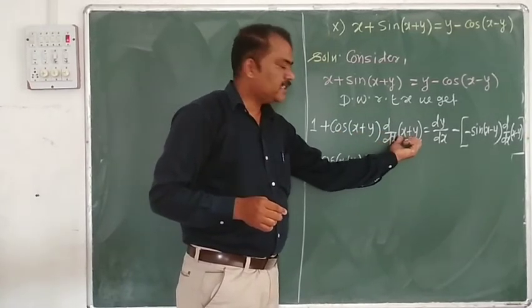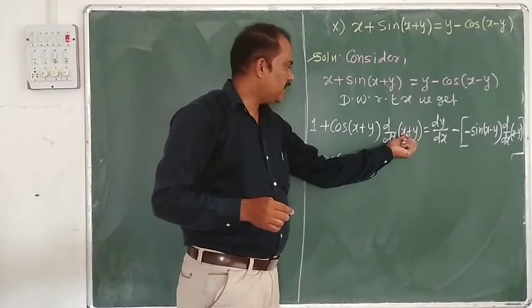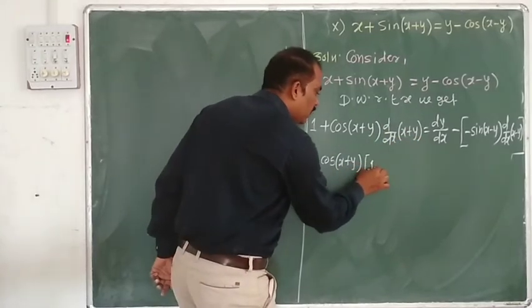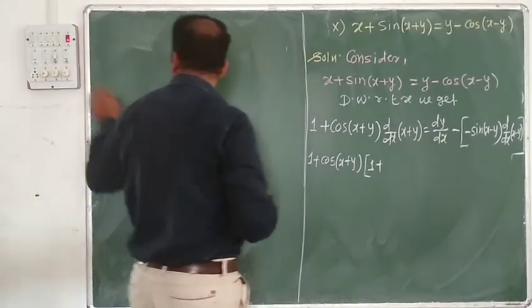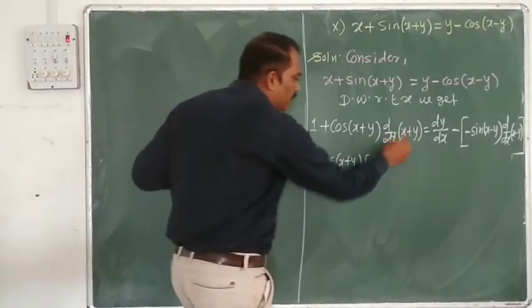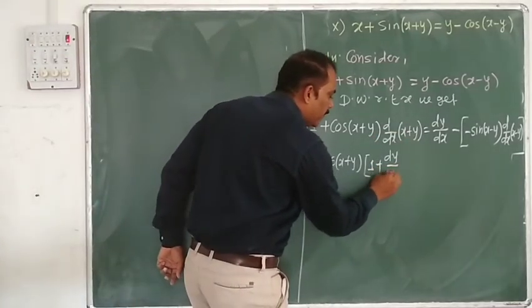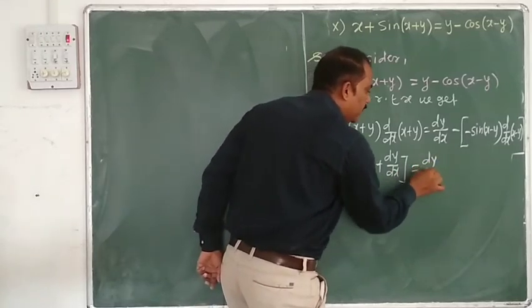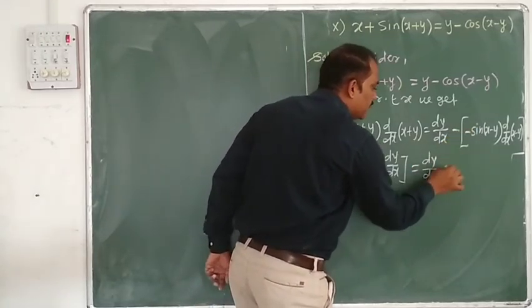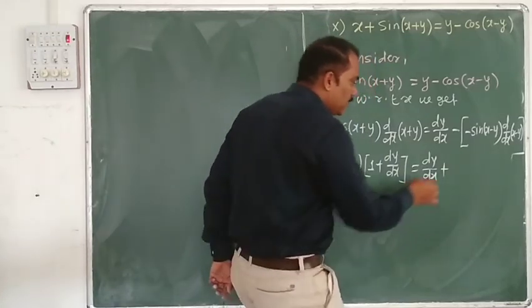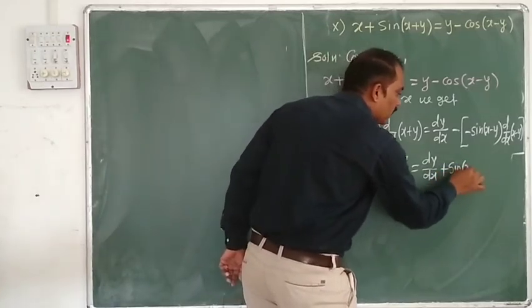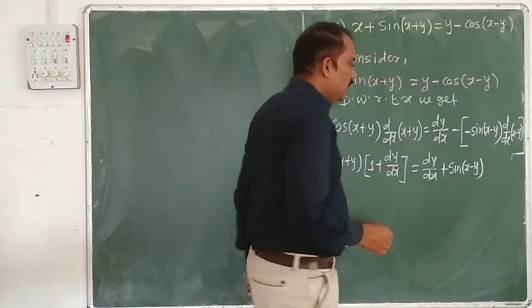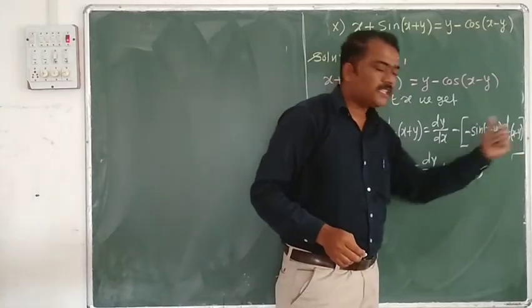The derivative of x with respect to x is 1 plus the derivative of y with respect to x, which is dy by dx, is equal to dy by dx; this minus minus becomes plus sine of x minus y into the derivative of this x minus y.